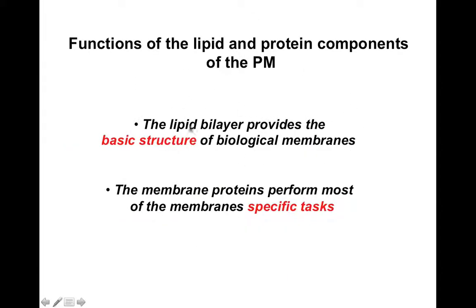So, in summary, we can say that the lipid bilayer provides the basic structure of biological membranes. Because the tails are hydrophobic, they basically stack together to exclude water, while the phospholipid head groups, which are hydrophilic, line the outer layer of the cell, and also the inner part of the cell, producing a bilayer of lipid which excludes water.